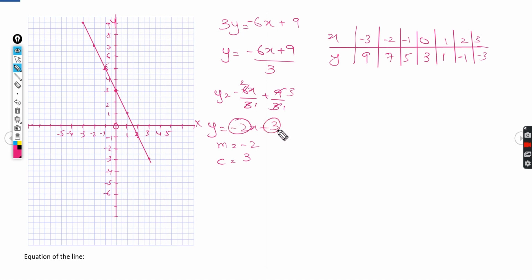We also knew that if the y-intercept is 3, which is c is 3, then your line will be crossing the y-axis. So over here it is crossing the y-axis, because of which this will be your equation of the line, correct? So I guess this makes sense.